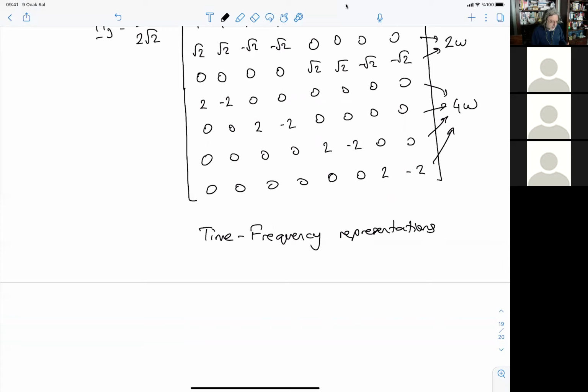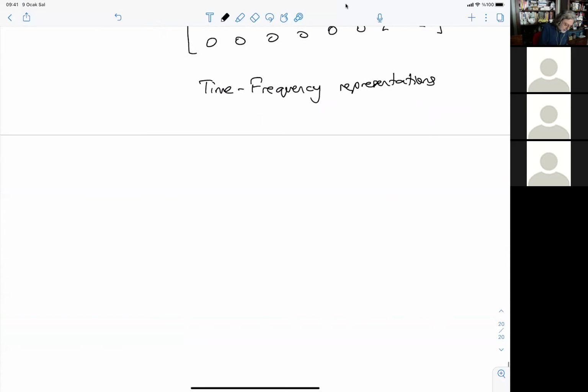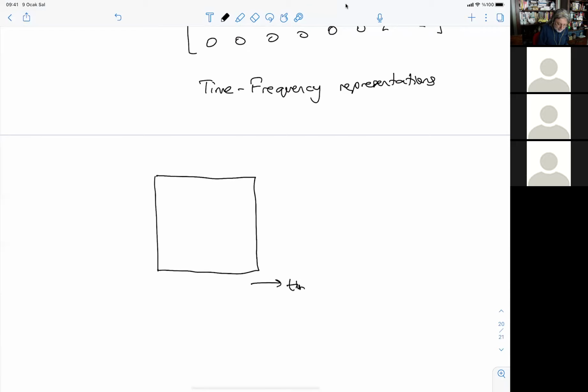And this Haar transform is a first attempt to resolve in time and frequency, but in an imperfect way. The imperfect way is like this. There is time resolution in the horizontal direction, and then there is frequency in the vertical direction, let's say.